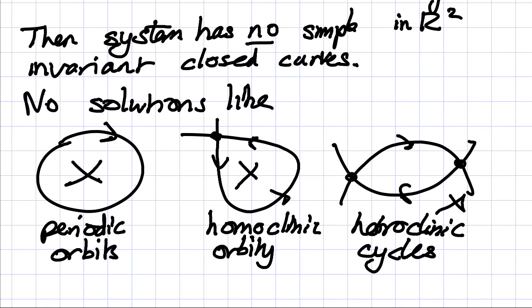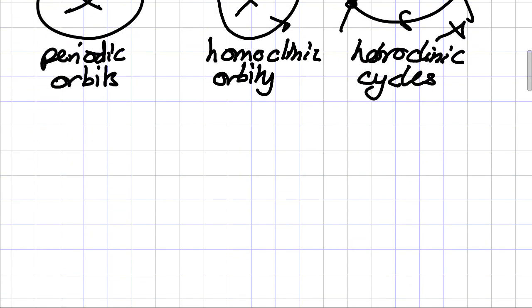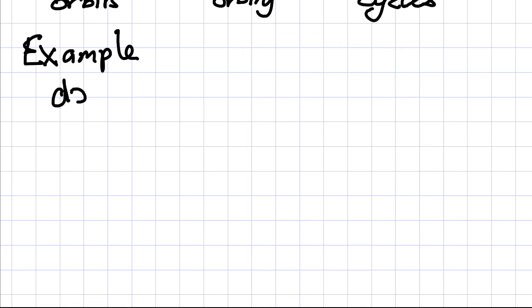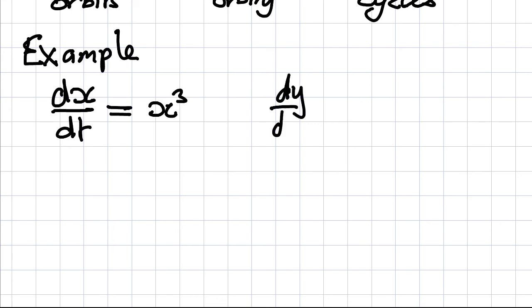So let's consider an example. So we have two ODEs, dx dt is x cubed and dy dt is y cubed plus y plus x.